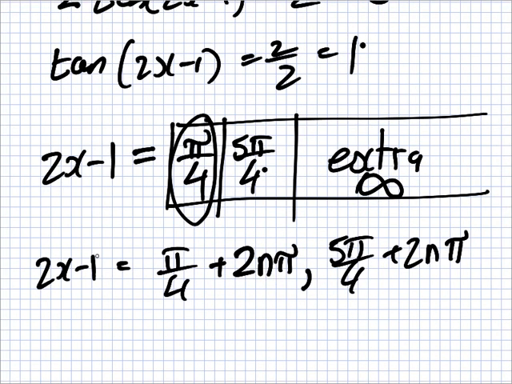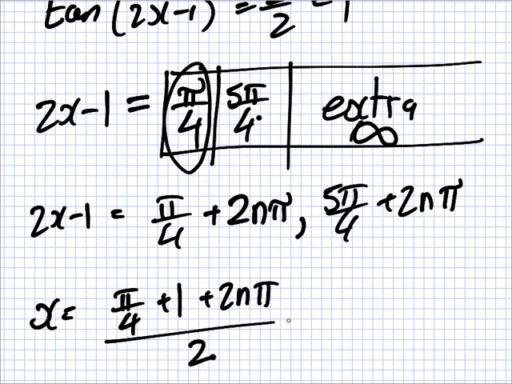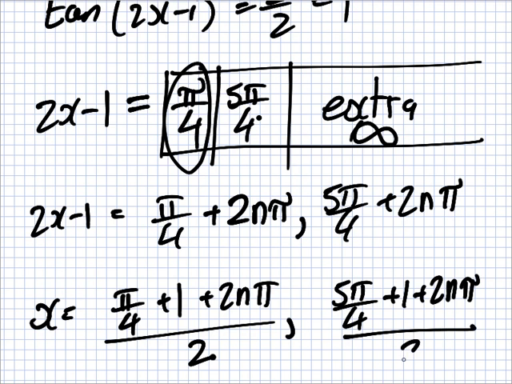So if I take the 1 over and divide by 2, I get x can equal pi over 4 plus 1 plus 2n pi, over 2, or 5 pi over 4 plus 2n pi plus 1, so I'll just put that right there, plus 1, plus 2n pi, over 2. Plus 1 divided by 2.